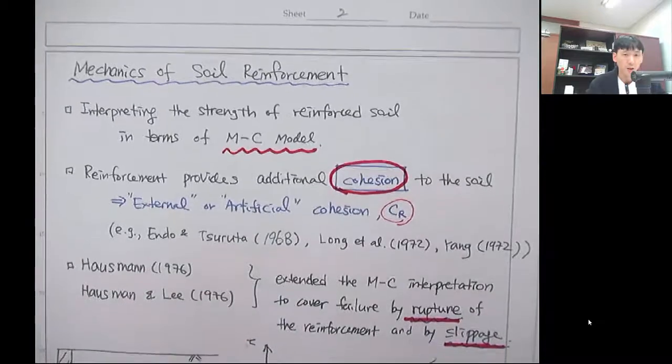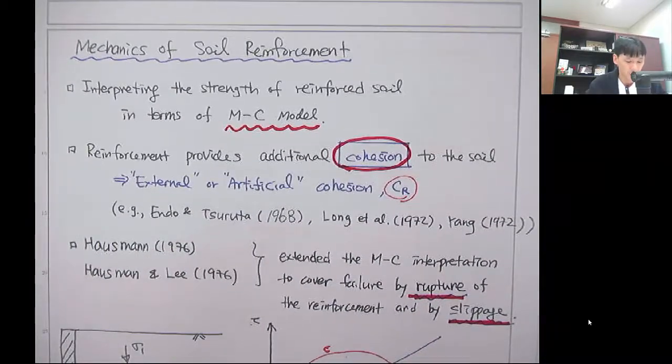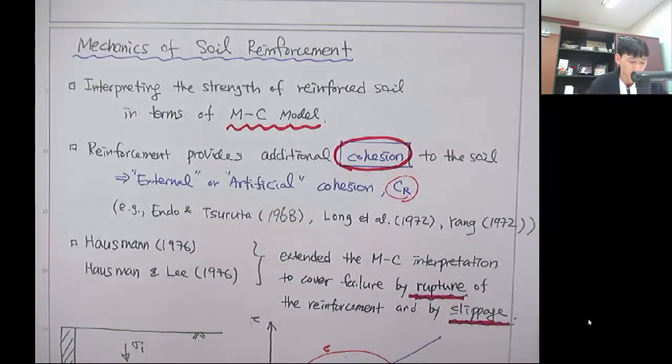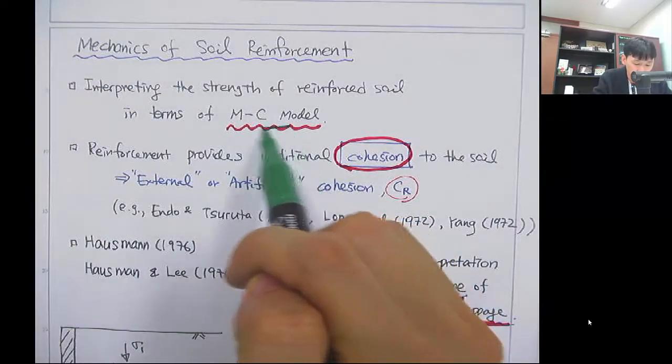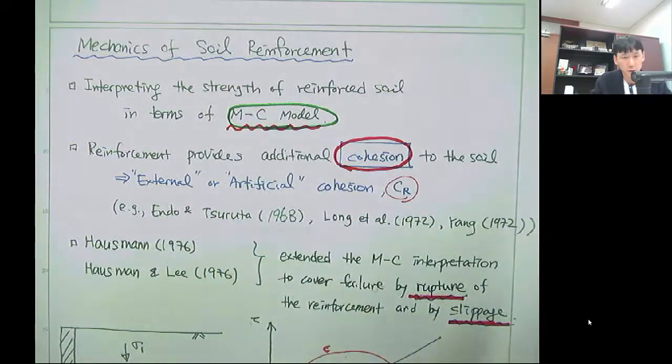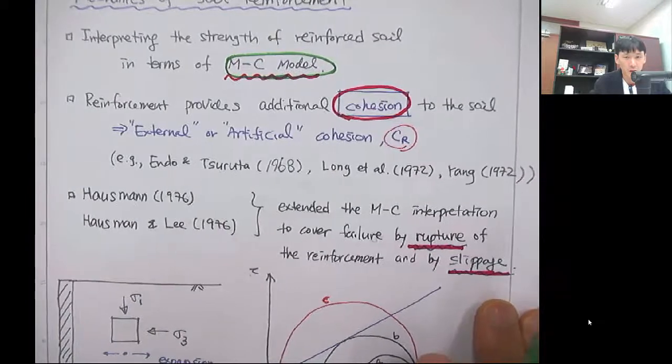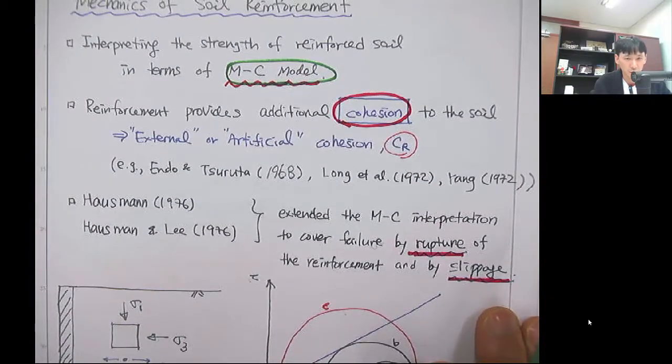First, we're going to talk about the mechanics of soil reinforcement in principle. People interpret the strength of reinforced soil in terms of the Mohr-Coulomb shear strength criteria. Reinforcement provides additional cohesion to the soil, which is called the external or artificial cohesion, Cr.